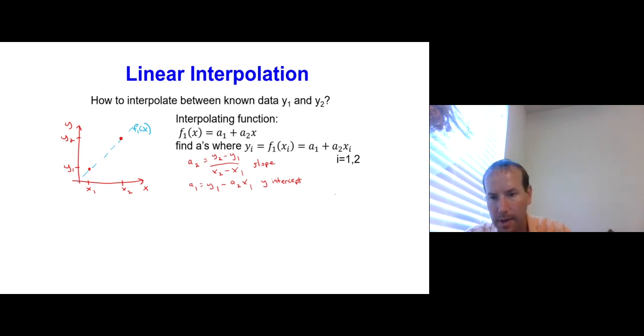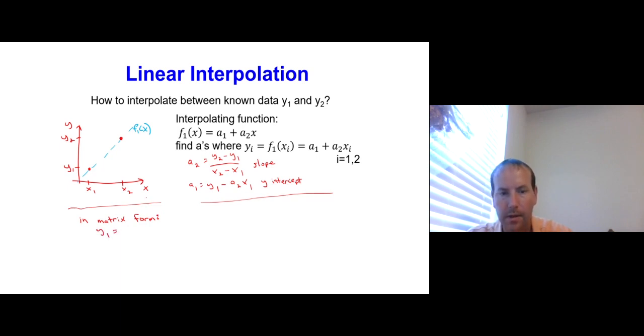And so what we're going to do now is look at a matrix approach to this that will help us see how to get this to work in general. So in matrix form, you could write y1.